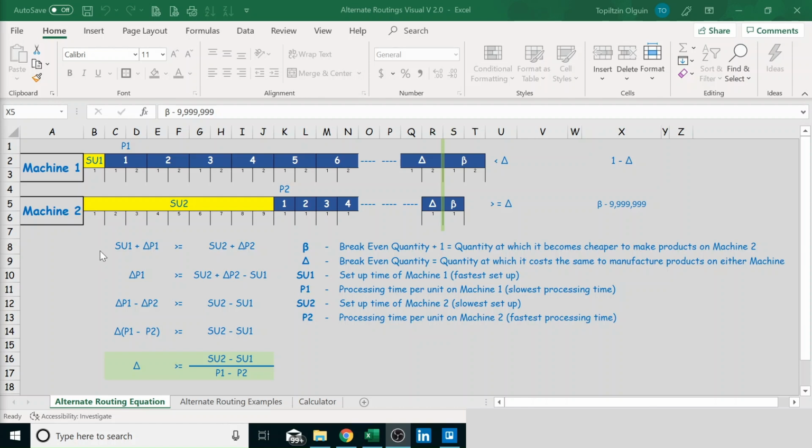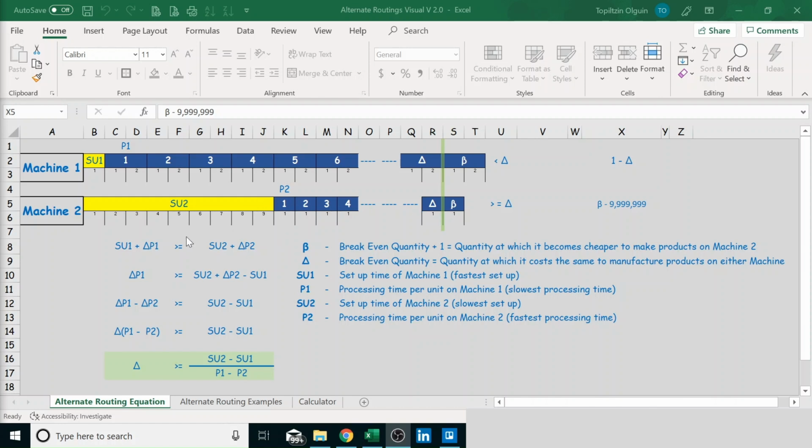Then setup 2, as we can see here visually, that time should be equal to setup 2 plus processing time 2 times the same quantity.